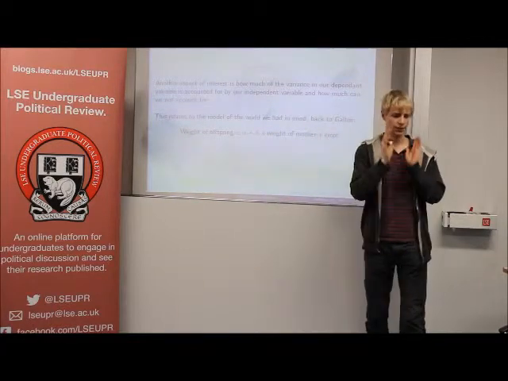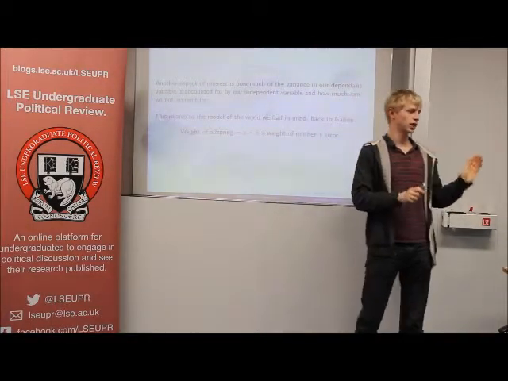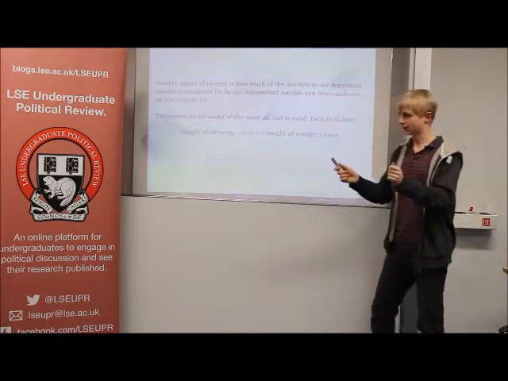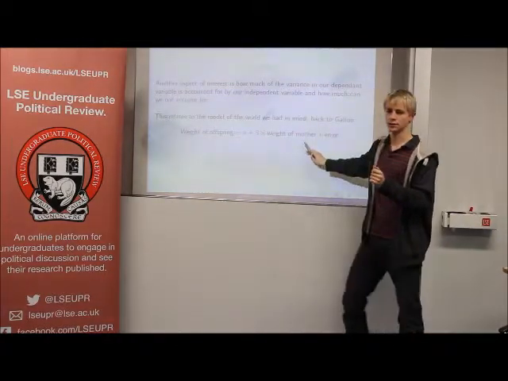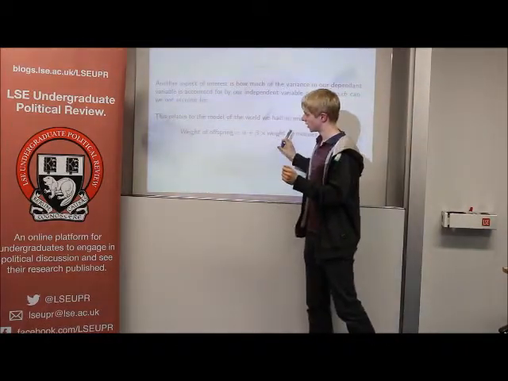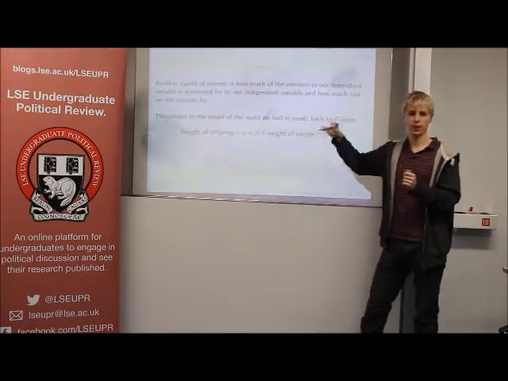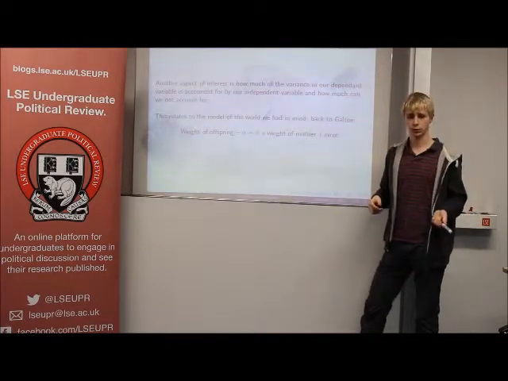Entirely. If that was a steadfast rule, we would be able to know the height of anyone's child just by looking at their father. 100% true. And in that case, your independent variable, height of your father, explains 100% of the height of your child. Its explanatory power is 100%.